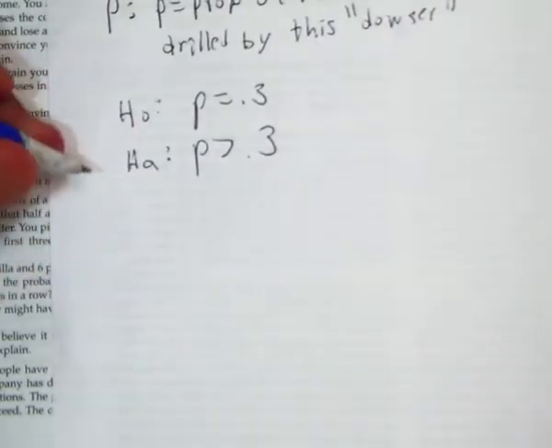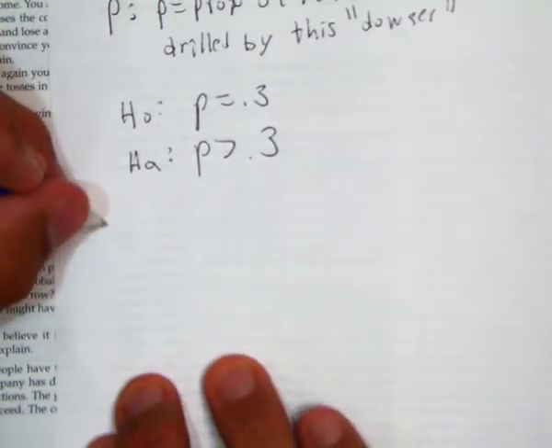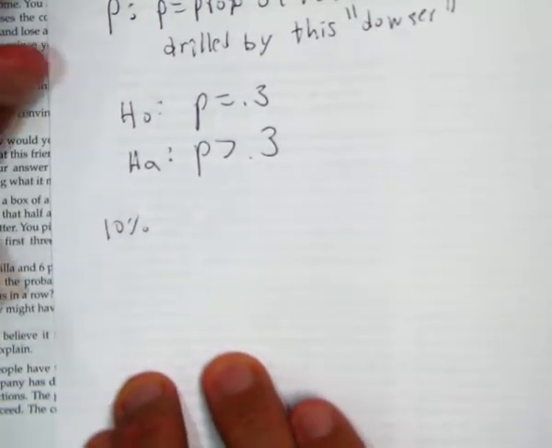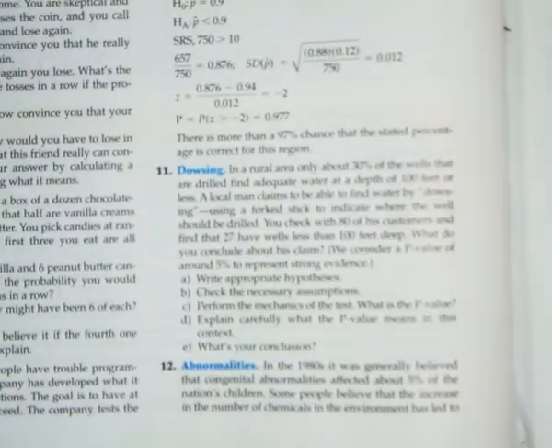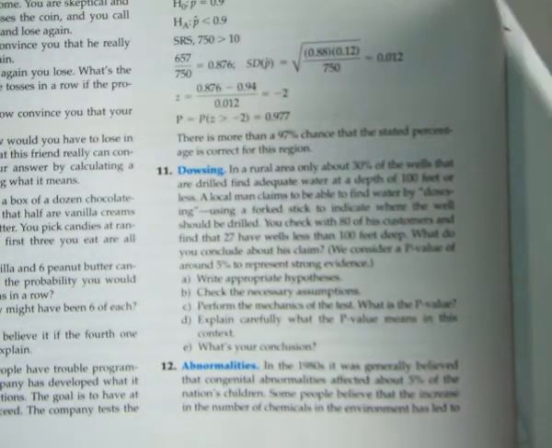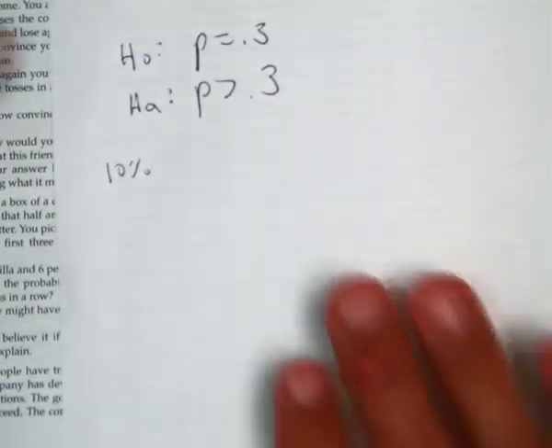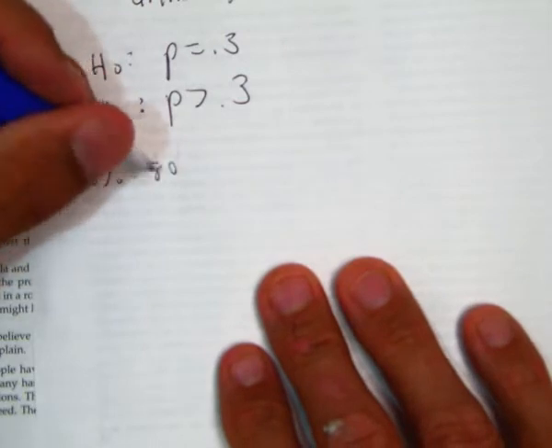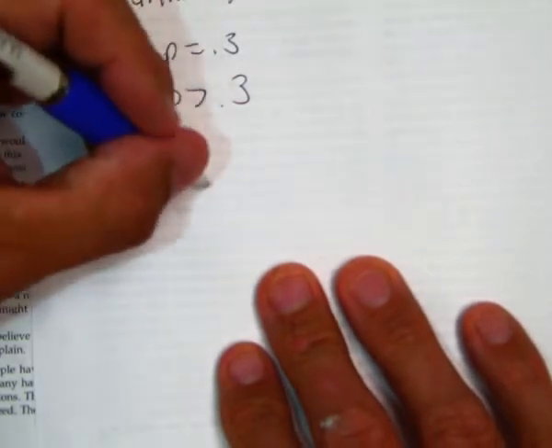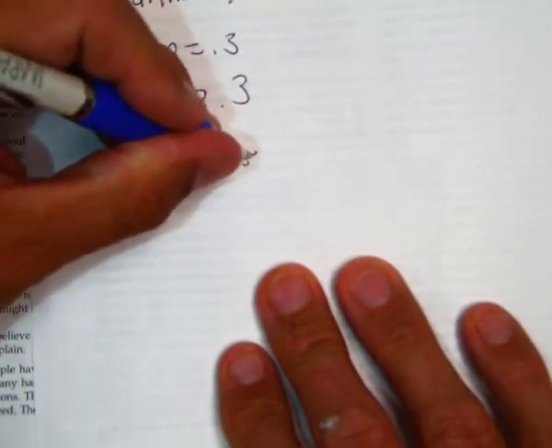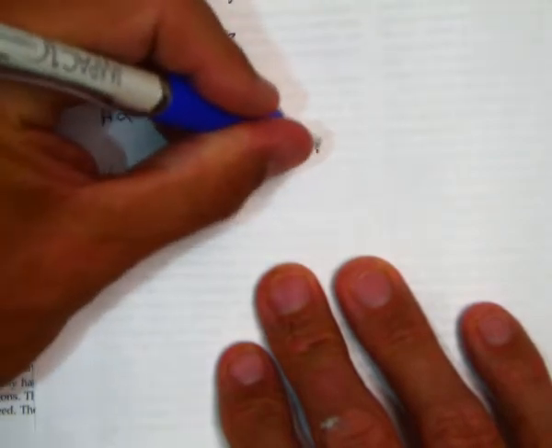So our assumptions and conditions, okay? So we got the 10% condition, and in this case we're looking at 80 of his customers, so we're going to assume that 80 is less than 10% of all of his customers.